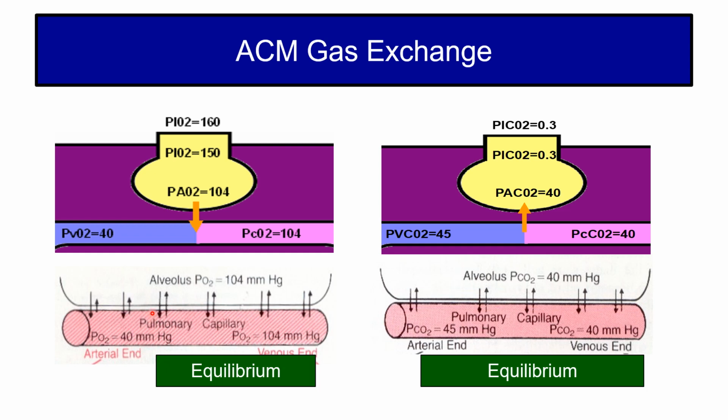Now, at this point here, you can see that both arrows are equal in size, meaning that equilibrium is achieved at this level here. And as blood goes from this point to the end capillary, there's no net diffusion because equilibrium is already achieved.